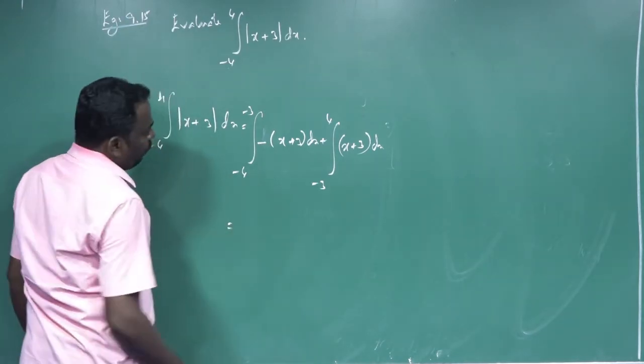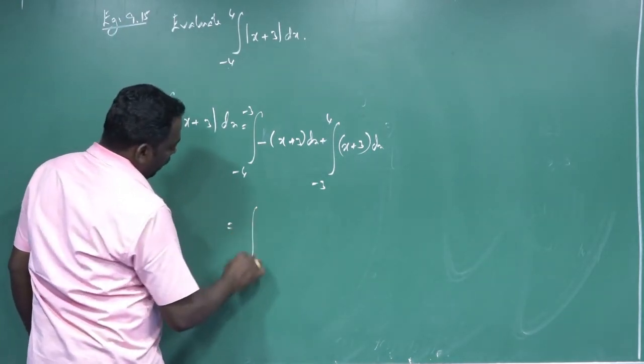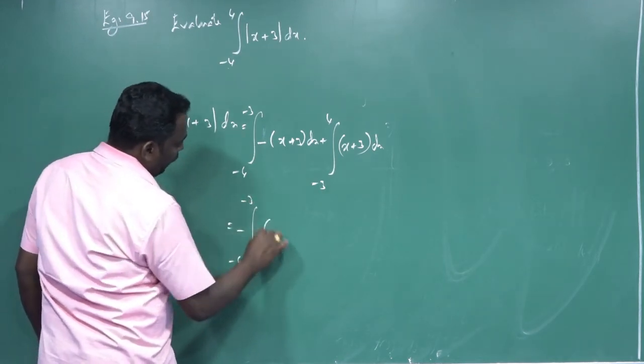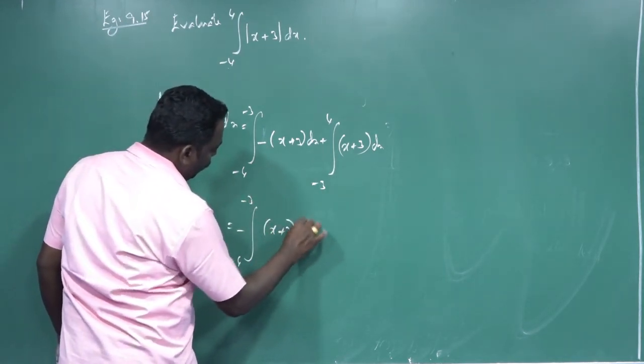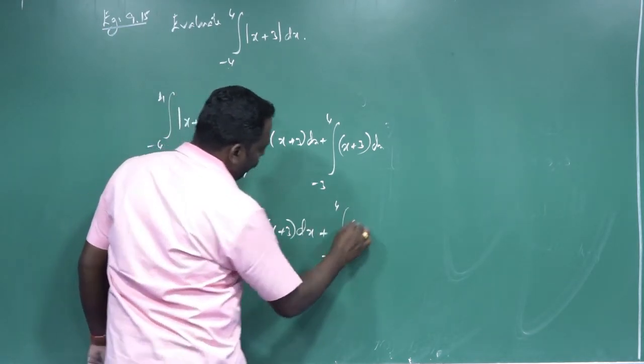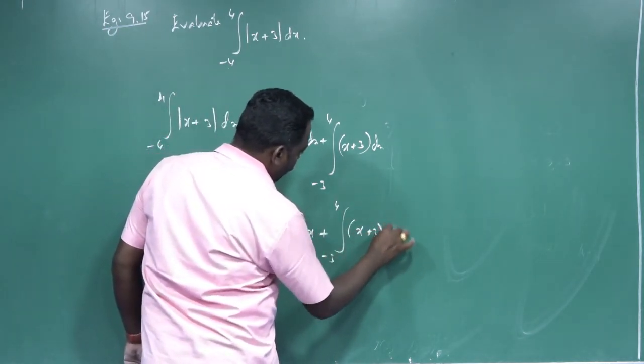That is equal to the integral, writing a minus outside, from minus 4 to minus 3 of x plus 3 dx, plus the integral from minus 3 to plus 4 of x plus 3 dx.